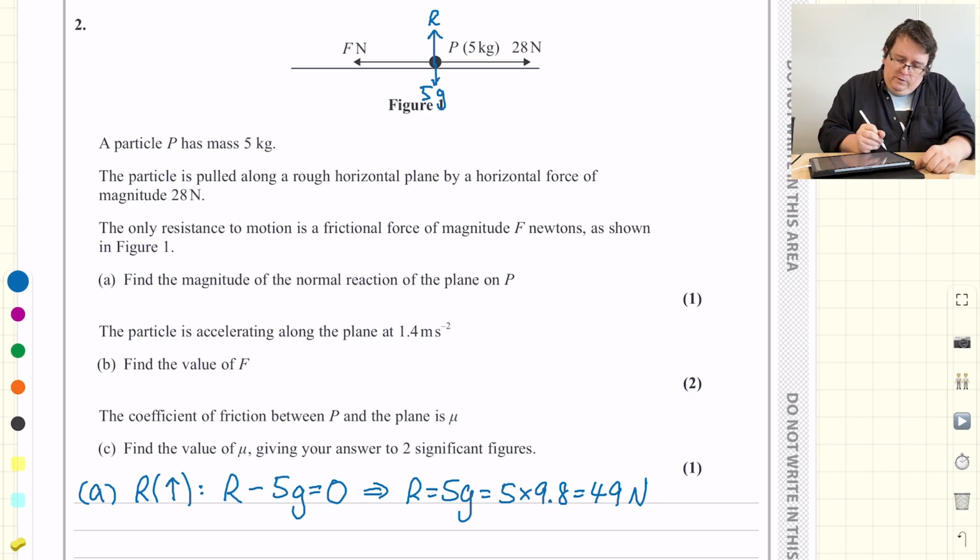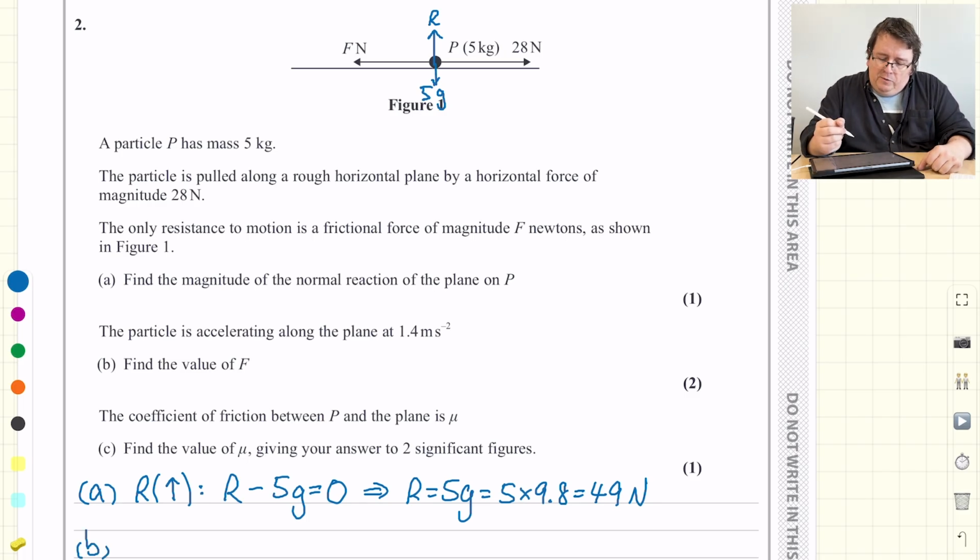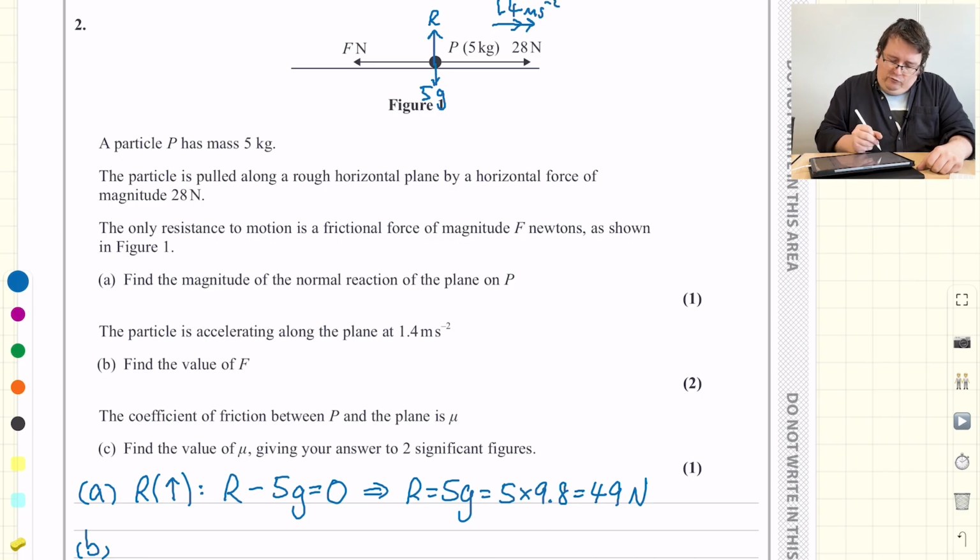Okay, so part B, the particle is accelerating along the plane at 1.4 meters per second squared.